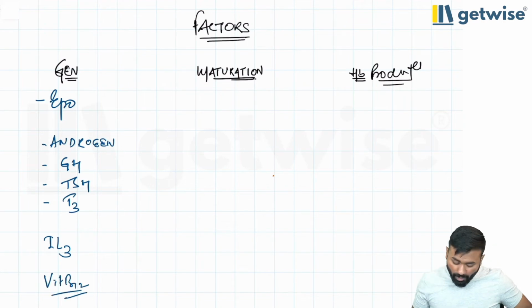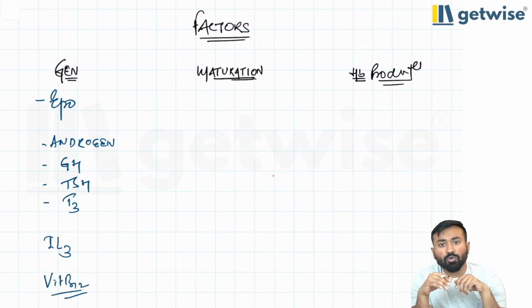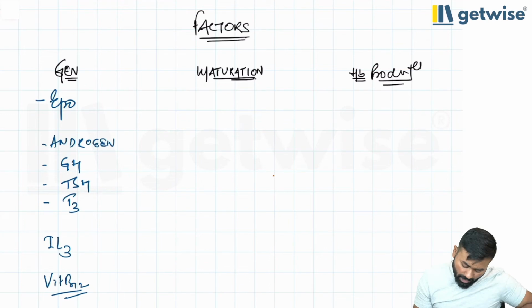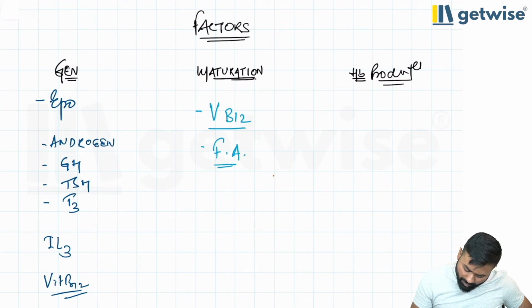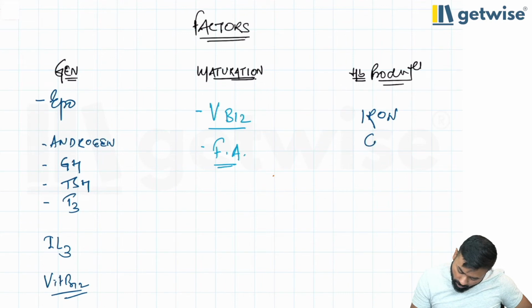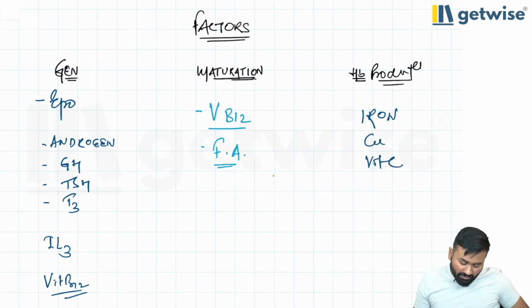In the maturation part, two factors are very important: vitamin B12 and folic acid. For hemoglobin production, we need iron, copper and vitamin C.